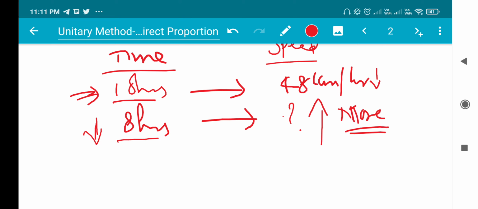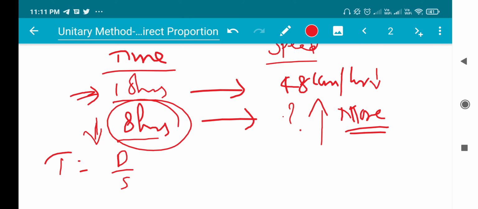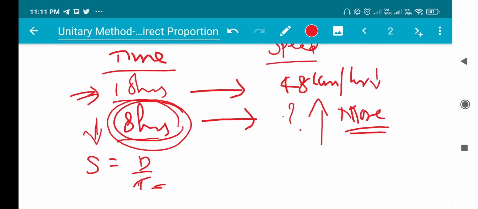Why? Speed is equal to distance upon time. See here, time is less, so speed is more. So here the comparison is more. Understood? Very good.